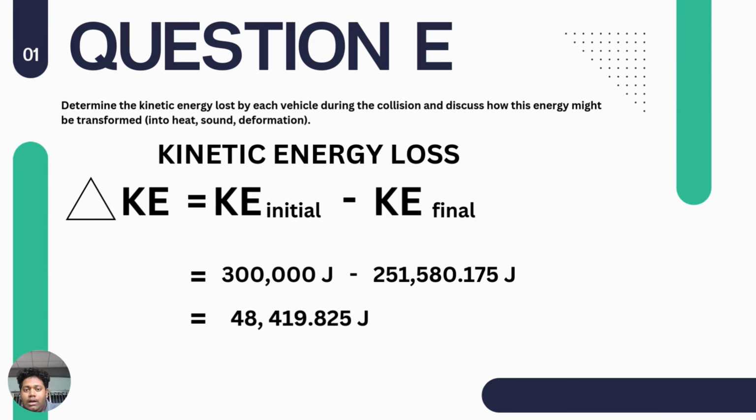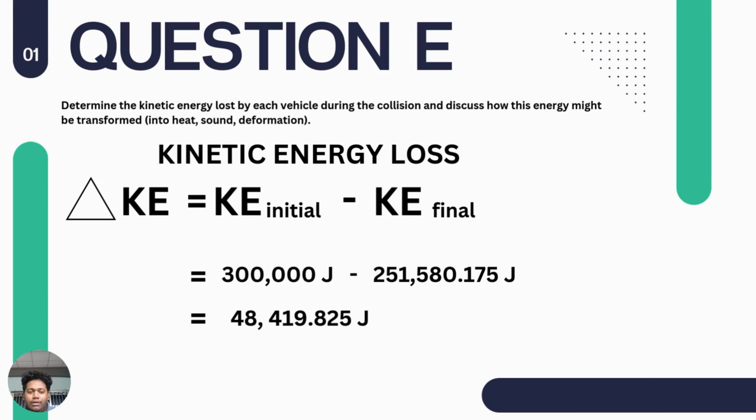So now we have everything. We can find the kinetic energy loss, which is initial kinetic energy minus the final kinetic energy. 300,000 joules minus 251,580.175 joules, we would get 48,419.825 joules. So you guys are probably wondering how this energy might be transformed into heat, sound, and deformation.